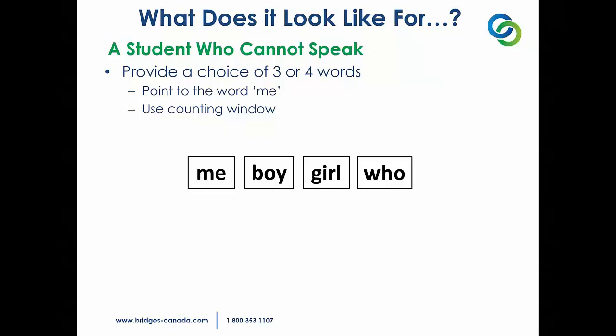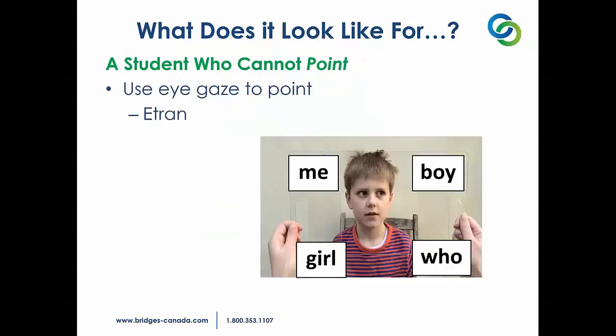And so again, it will be important to provide a choice of 3 or 4 words and ask the student to choose or point to the word me or point to the word boy. Again, you could use that counting window idea to help focus your student's attention on one word at a time and ask the student to stop you when you get to the word me or other word.